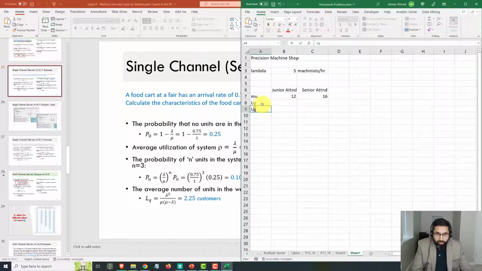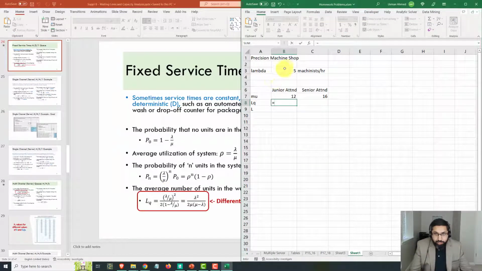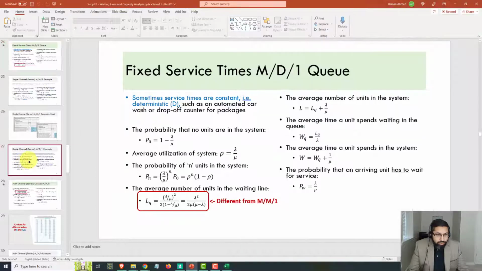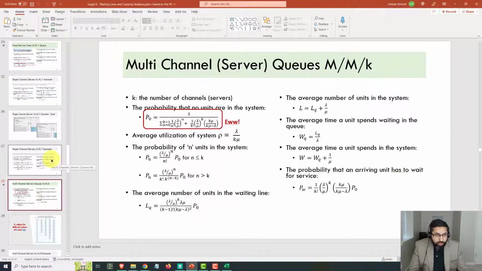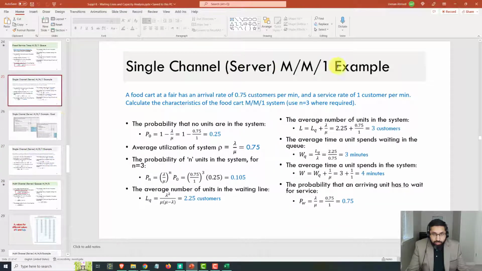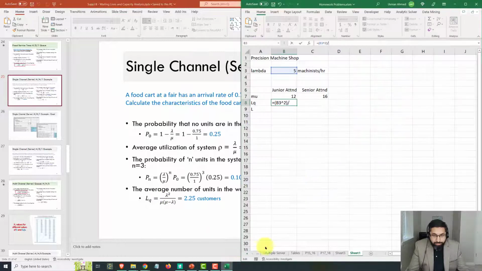So we need LQ and L. For LQ we take lambda squared. I'm going to put it in brackets to make sure the squaring happens before I divide. Oops, this is the right formula for LQ. I was on the wrong slide. This is the MM1 example. So it's lambda squared over mu times mu minus lambda.